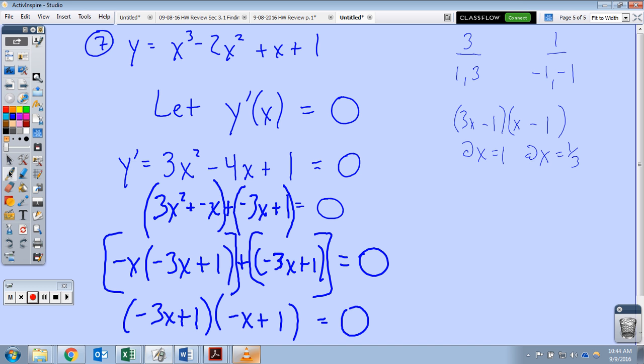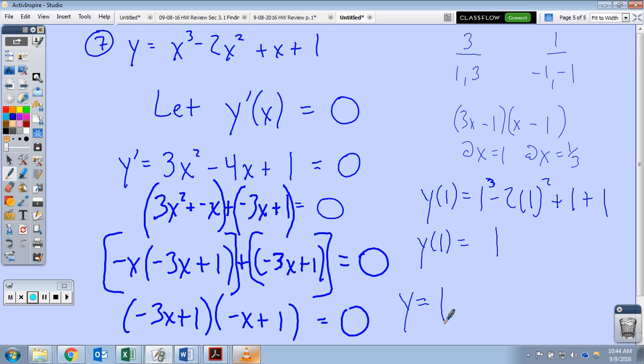So we have y of 1 equal to 1 cubed minus 2 times 1 squared plus 1 plus 1. So y of 1 would be equal to 1 minus 2 is -1, plus 1 is 0, plus 1 is 1. So y of 1 is equal to 1. So one of the horizontal tangents would be y equals 1.